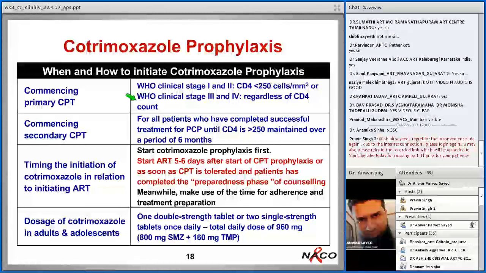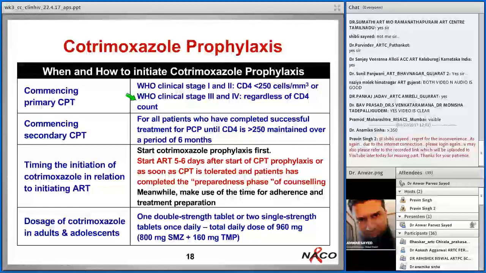Then stop for all adults including pregnant women when clinically stable on ART with evidence of immune recovery and viral suppression. Evidence of immune recovery we are taking as CD4 count above 250 or 350 or whatever is the cutoff, and viral suppression we obviously are not seeing, but as we already saw, if viral suppression is good, then the risk of OI will reduce.